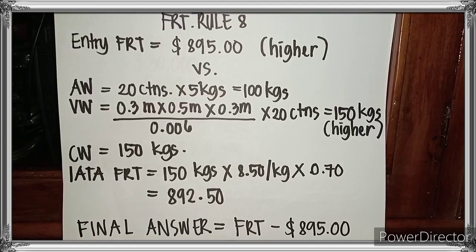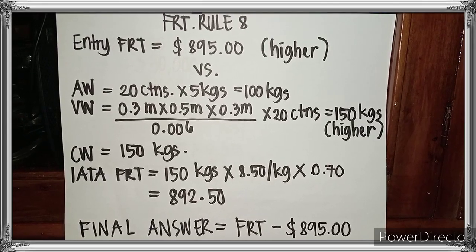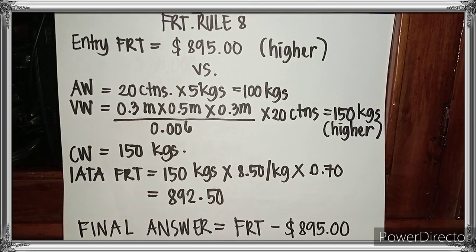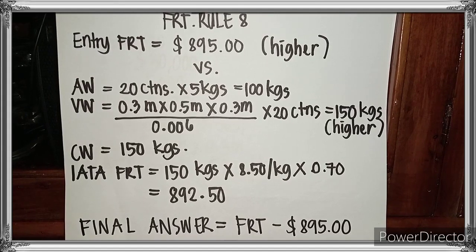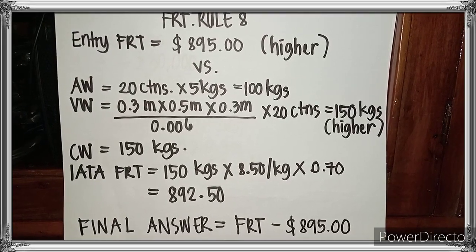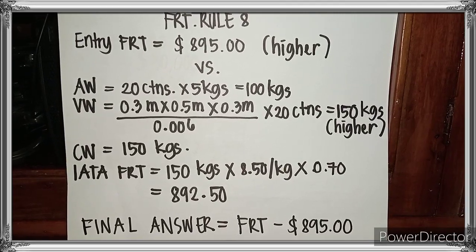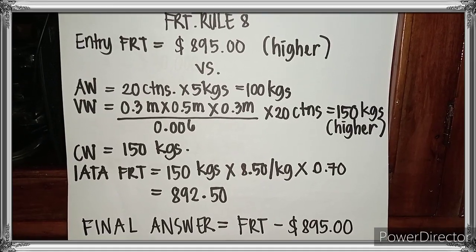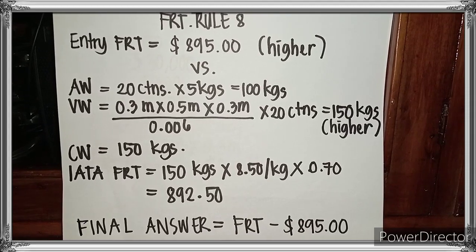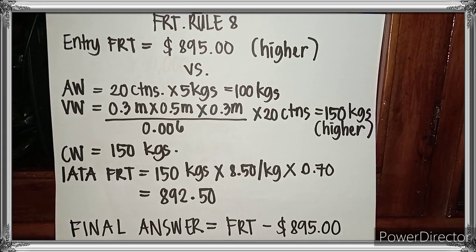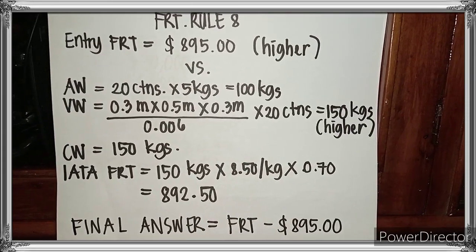20 cartons times 5 kilograms is equal to 100 kilograms, and the volume weight is equal to 0.3 meters by 0.5 meters by 0.3 meters divided by 0.006 times 20 cartons, which is equal to 150 kilograms.